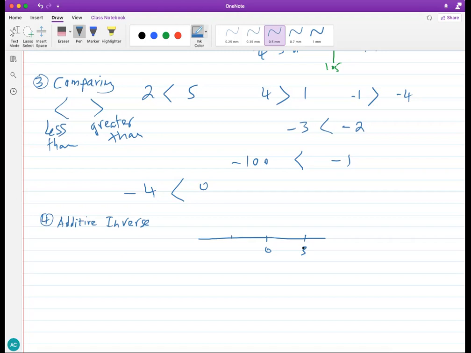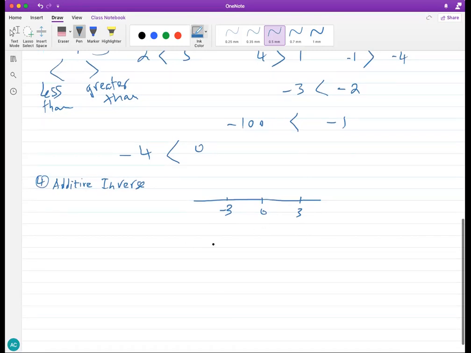For example, what's the opposite of 3 on the other side of the 0? It could be simply this number with the opposite sign. So we say these two are opposites, -3 and +3.